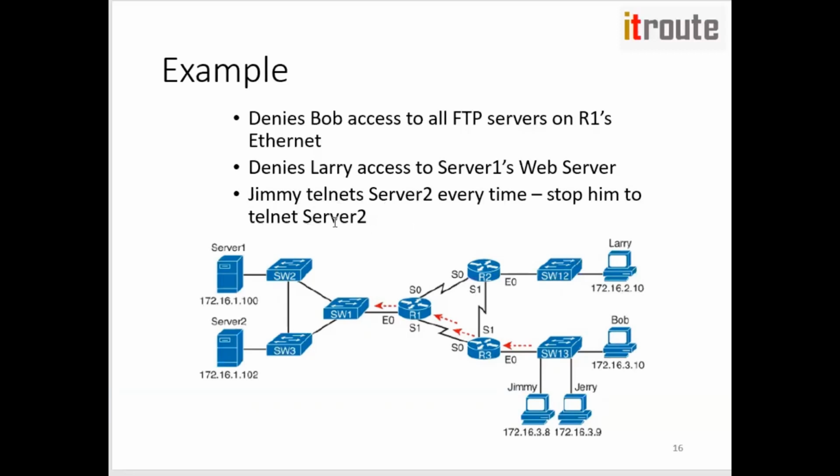Jimmy is the source, the destination is server 2, and you want to stop Jimmy from accessing server 2. We can put restrictions here or over there, but most likely here, because you have four people and you have to manage from here.